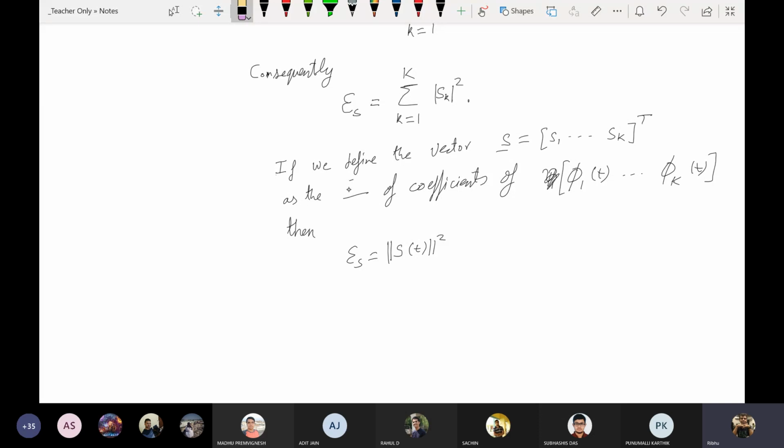Let me first write the word vector. But this is what we wanted to use the red one here. So this is an n-tuple. So E_s equals the norm of this n-tuple.